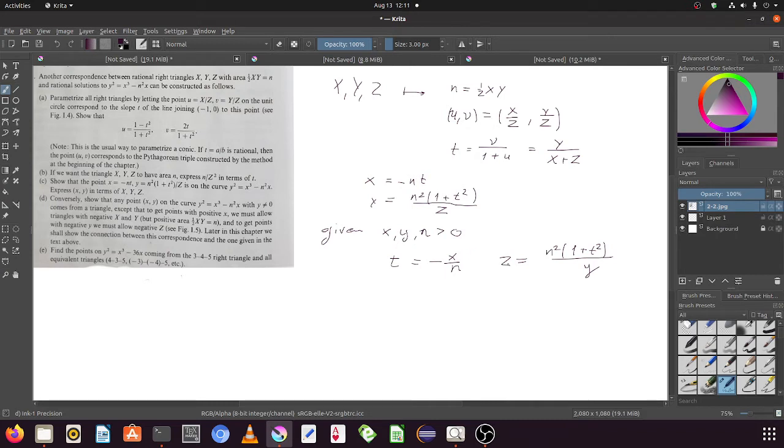And when we have t and z, how do we find x and y? When we have t, we can find u and v.